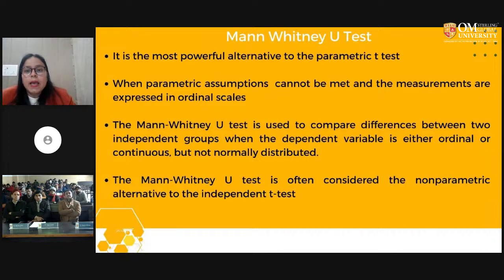That is, you can use the Mann-Whitney U-test. You have to take into consideration only one thing, that is the fulfillment of the normal distribution assumption. If it is fulfilled, you can use the t-test. If it is not fulfilled, then you have the alternative of the Mann-Whitney U-test.